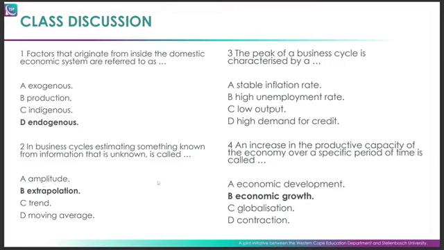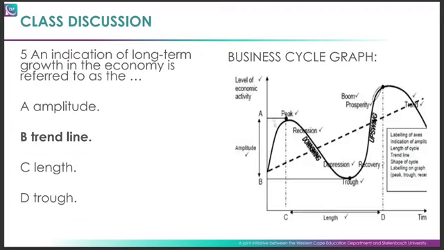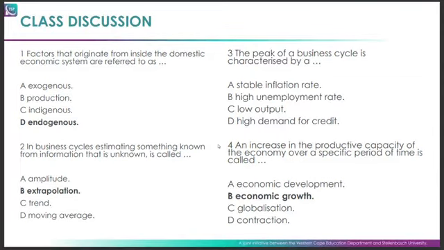What makes up your amplitude? If you look here, can you see where it says amplitude? From there down to here, that is your amplitude. The amplitude measures the difference between the peak and the trough, right? So it's measuring your level of economic activity between your peak and your trough. That is referred to as an amplitude.